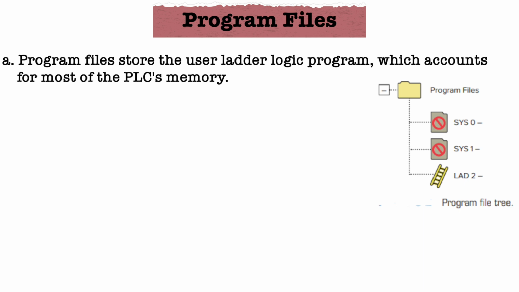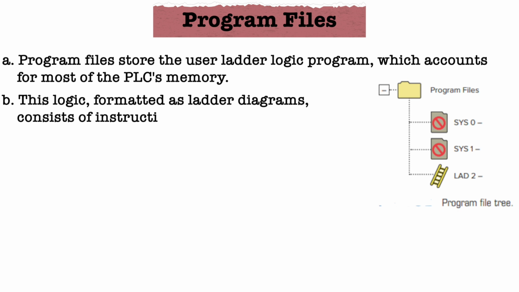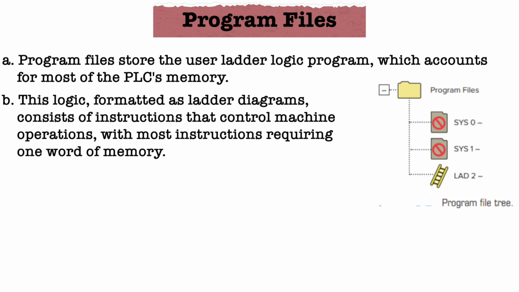The program files store the user ladder logic program, which accounts for most of the programmable logic controller memory. This logic, formatted as ladder diagrams, consists of instructions that control the machine operations, with most of the instructions requiring one word of memory.